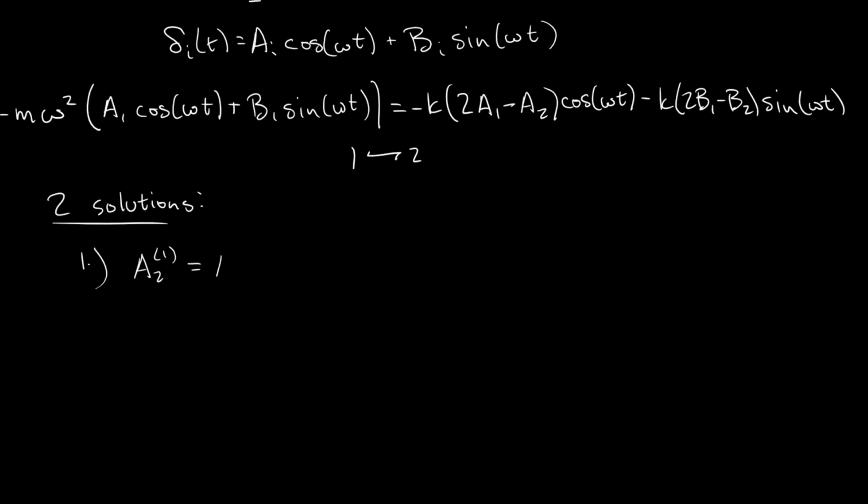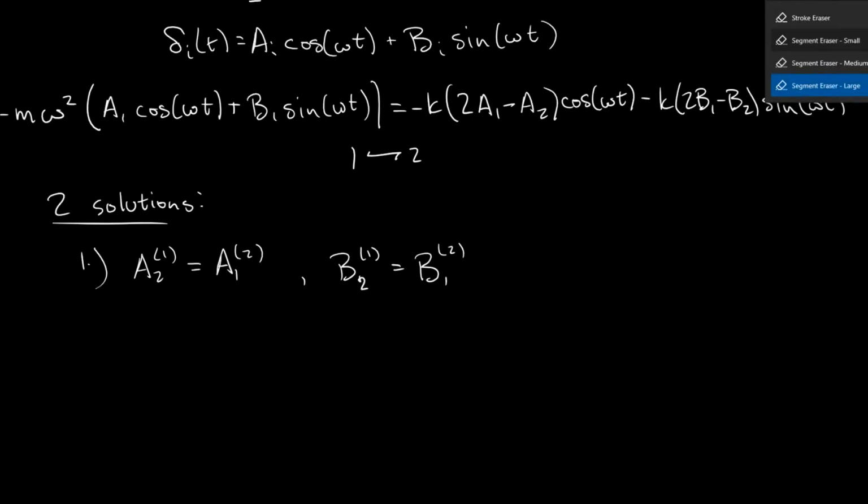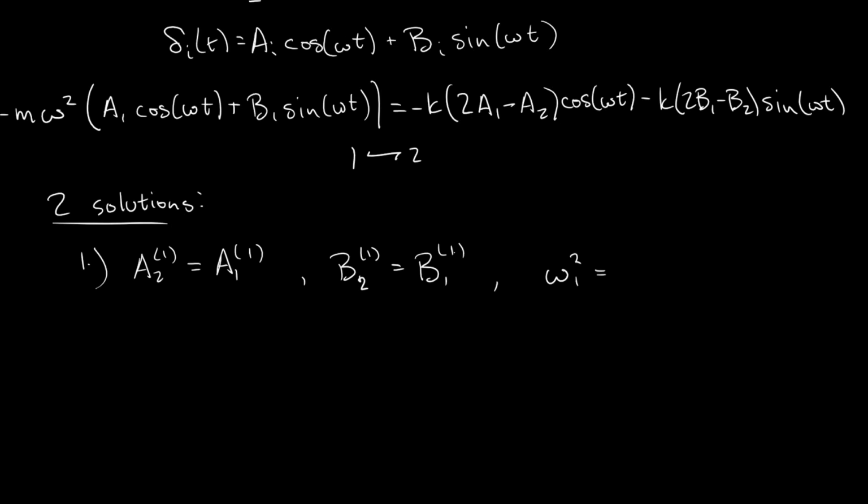So I have two different solutions in this case that look somewhat similar to the other. Whoops, that should be 1. This should be 1, 1, 1, and then omega 1 squared equals k over m.